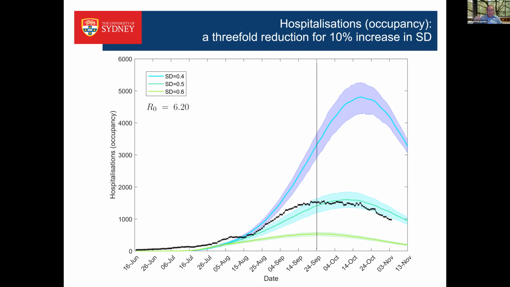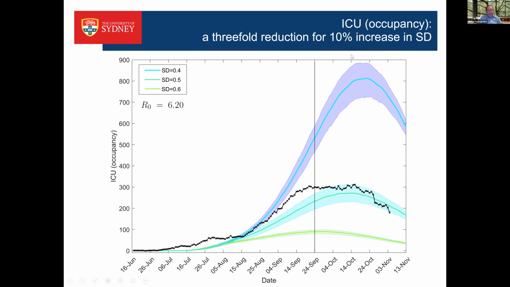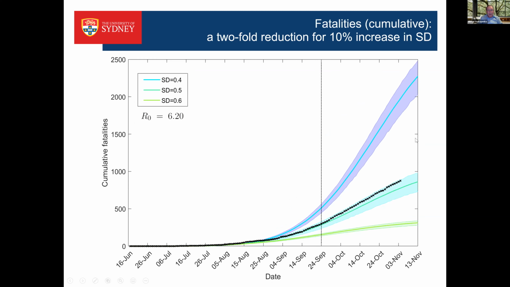A very important, and that's the second important research result or even practical result, is that a small increase in social distancing could reduce hospitalizations threefold. So a small change in social distancing from 40 to 50, and then from 50 to 60, reduces it threefold here, and then further threefold there. The same effect applies for ICU occupancy, intensive care units, and for fatalities, it's a twofold reduction for every 10% increase in social distancing.